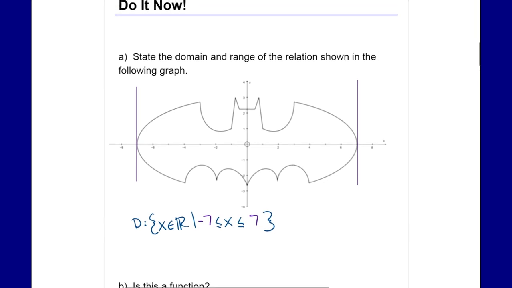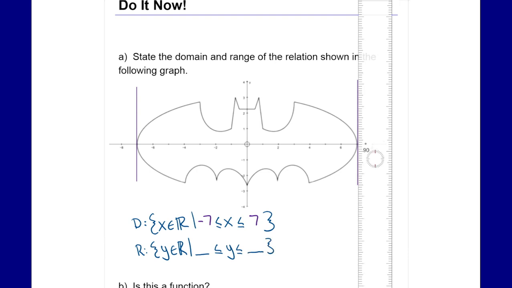For range, it's exactly the same thing, except we use y instead of x. So y is any real number such that, and then we have our general format.